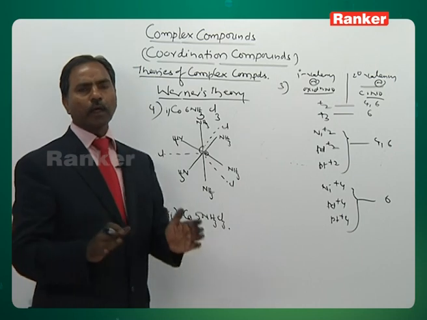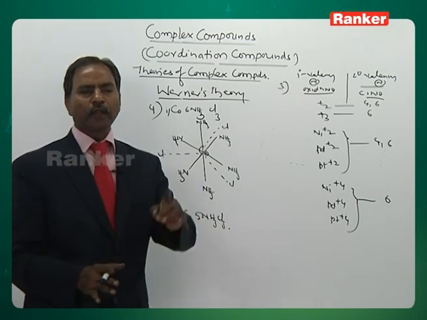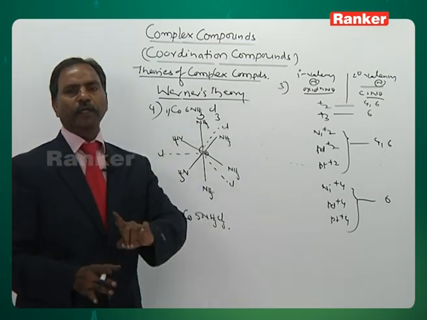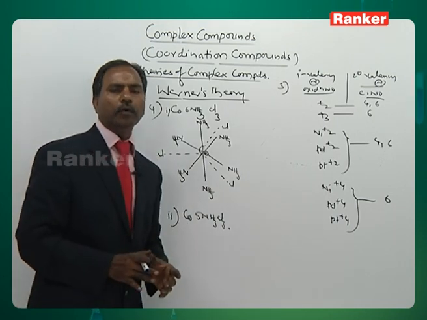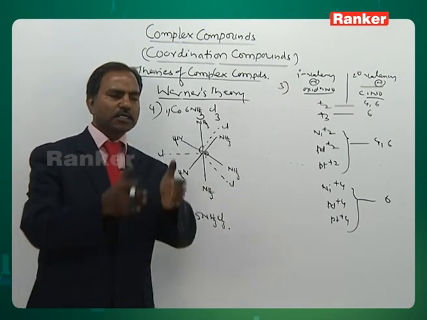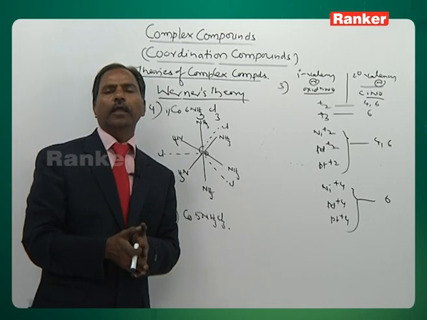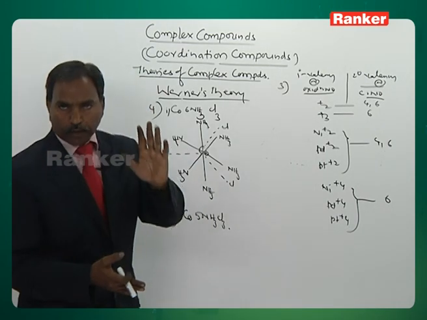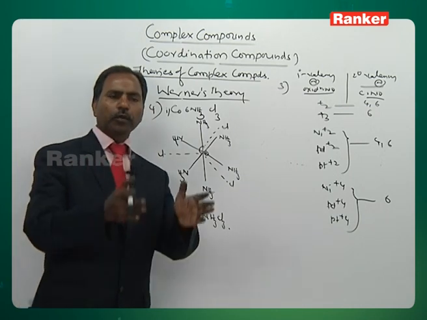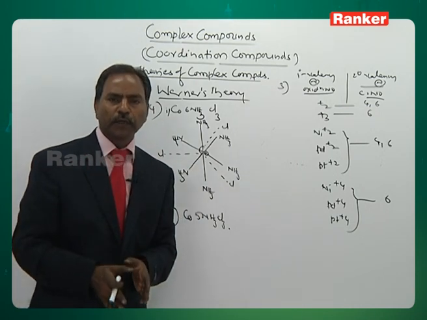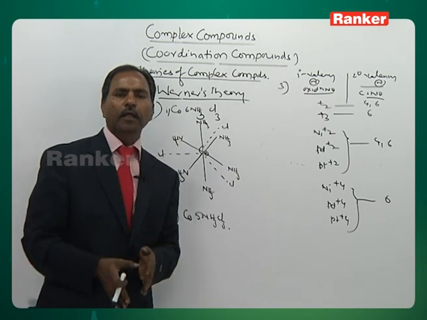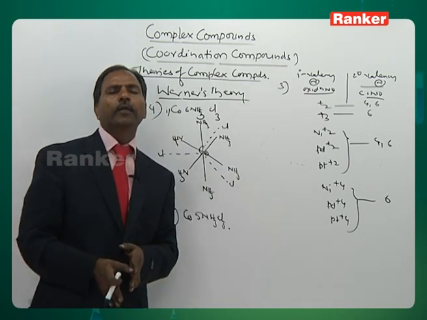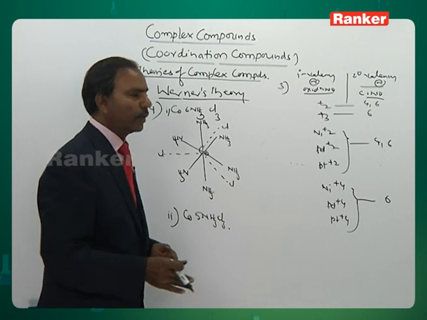Therefore, one of the chloride ligands satisfies both primary and secondary. Once a ligand satisfies both primary and secondary, it is shown by a thick line, that is a solid line and also a dotted line. Such a ligand is said to be exhibiting dual character.